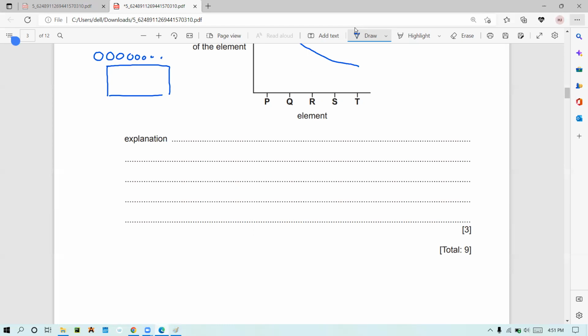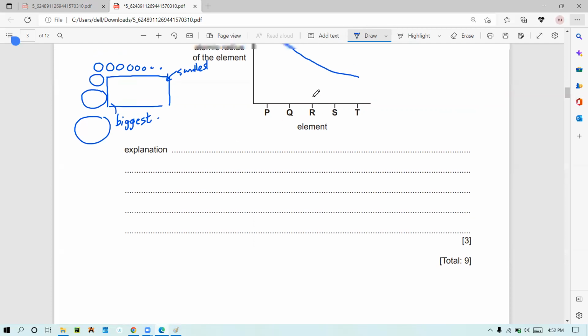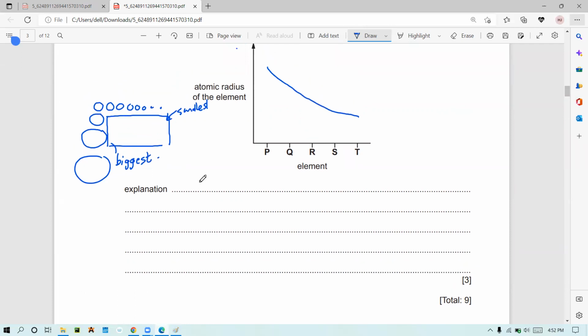Size decreases across, but moving down the group, size increases. So we can expect the smallest particle to be here and the biggest element to be found over here. Okay. Now we'll give an explanation for this pattern. Why does atomic size decrease?